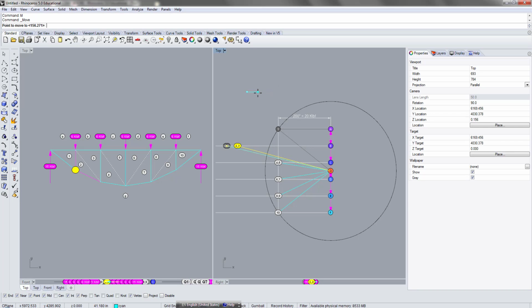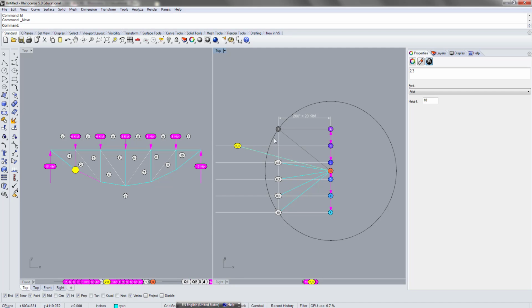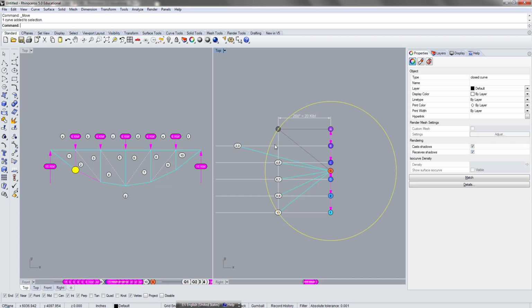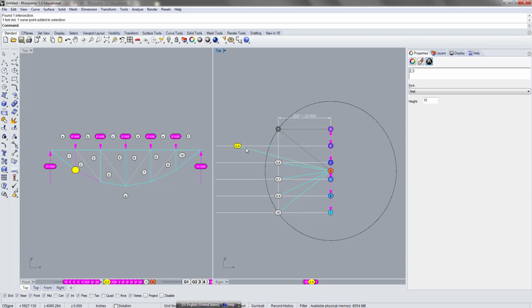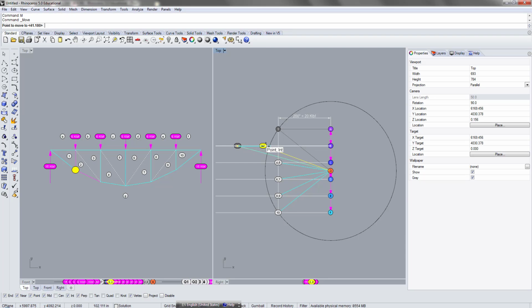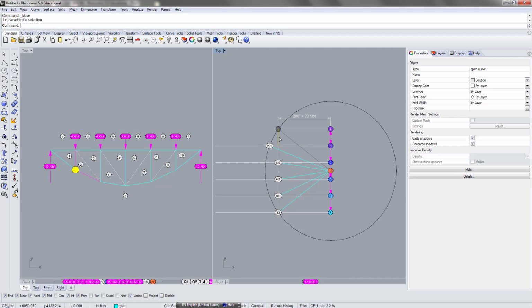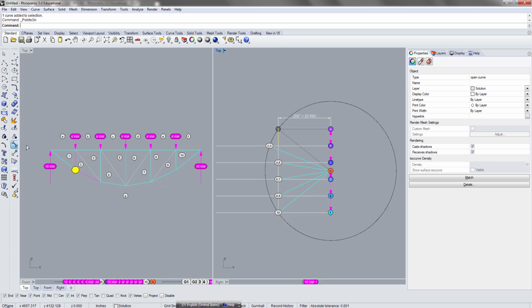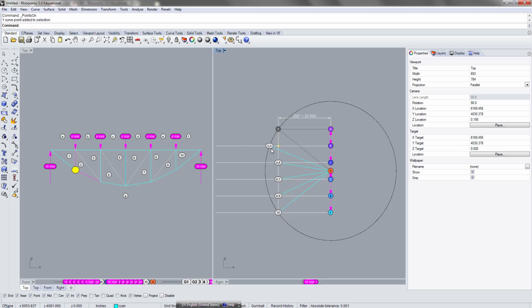The only place that's possible is the intersection between this circle, whose radius is 250, and this horizontal line. So this point needs to move to here, right? And what used to be this vertical line that connects point 1 and point 2 now moves to this angle.